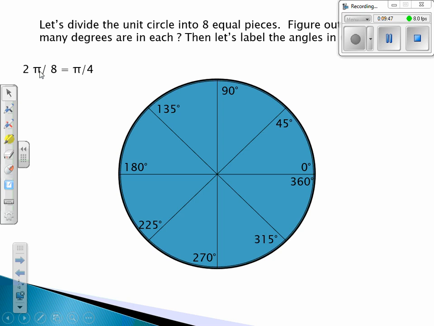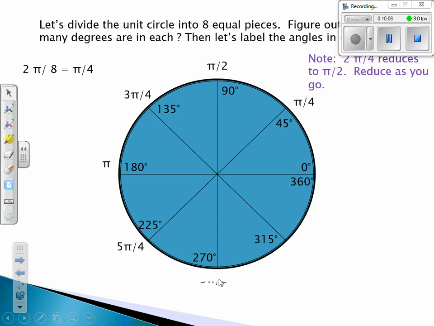But if I said let's divide it into 8 equal parts like we just did, each part is pi over 4. So I add pi over 4 each time. I went ahead and reduced on this as I went. I usually would go back and do it after like we did in the lesson, but anyway, so 3 pi fourths, 4 pi fourths, 5 pi fourths, 6 pi fourths, that's reduced, 7 pi fourths, 8 pi fourths, which is 2 pi, reduced.